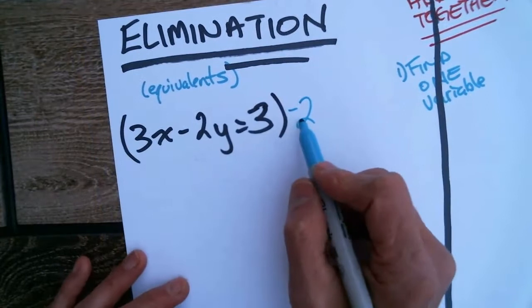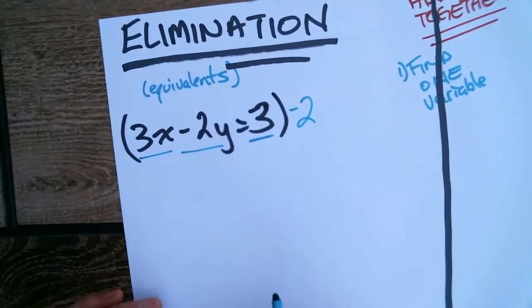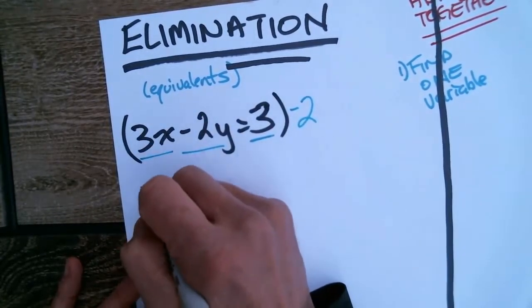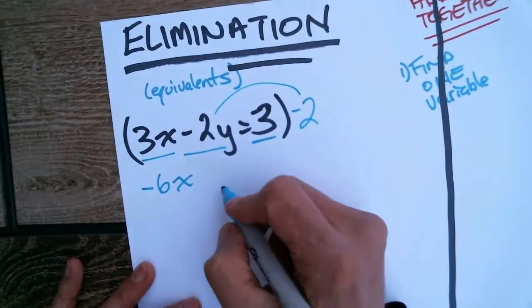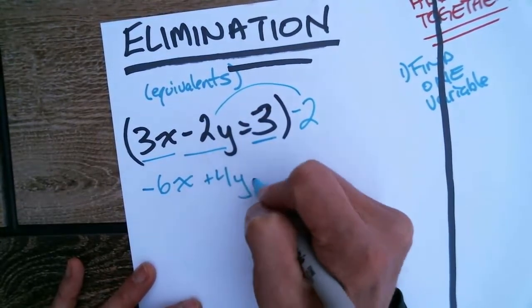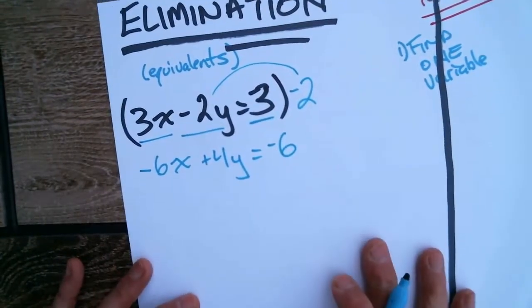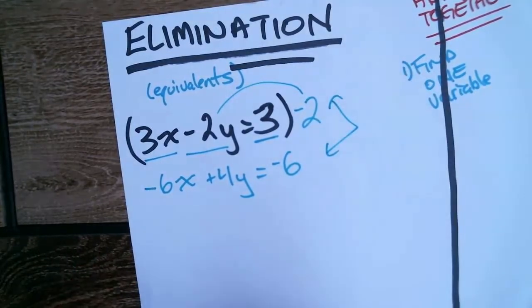Every term within that equation, I have to multiply by negative 2. So negative 2 times 3x gives me negative 6x. Negative 2 times negative 2y gives me positive 4y. This is going to give me at the end negative 6. So these two are the same equation, equivalents.